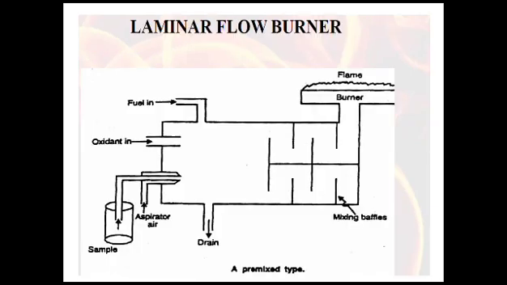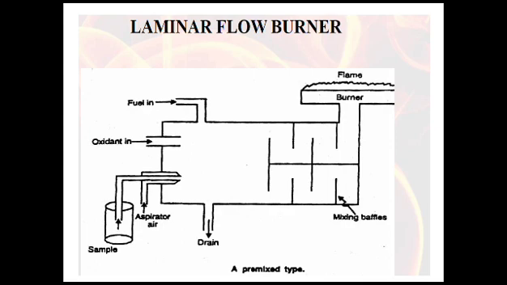Laminar flow burner. This is the diagram of a laminar flow burner. The sample enters through the capillary, then oxidant and fuel gas enter through different tubings. There are some baffles, and these baffles are used to premix the sample as well as the oxidant and fuel.